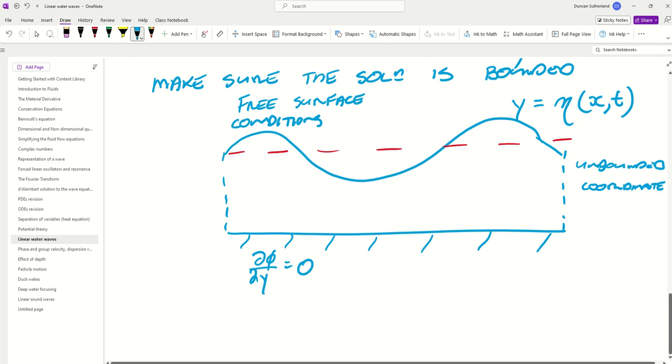And we're going to demand that this function eta has 0 mean. So when you integrate in time and space to take the mean of eta, the average value, you get 0. We're going to denote the average value by an overbar.